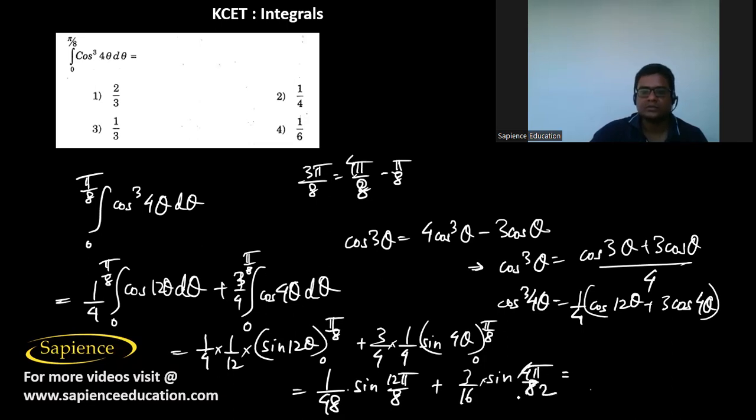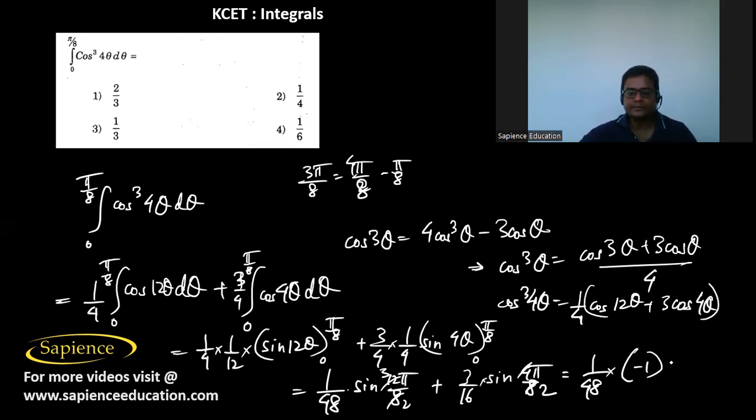So this is 1 by 48 into sine 3 pi by 2, that is sine 2 pi minus pi by 2. So this is sine minus pi by 2, that is minus 1. Then this is plus 3 by 16, since sine pi by 2 is 1.